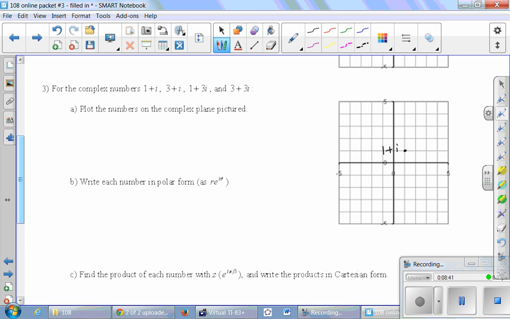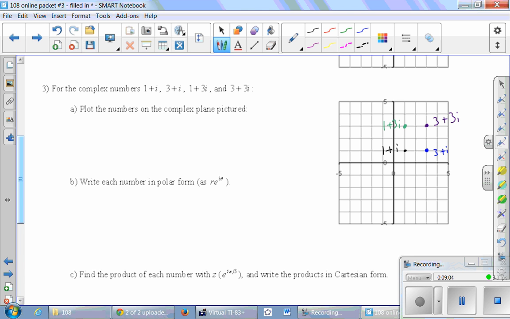And then 3 plus I, 3 to the right and 1 up. And then 1 plus 3I, 1 right and 3 up. And then finally 3 plus 3I, 3 right, 3 up. Okay, so there's a square.